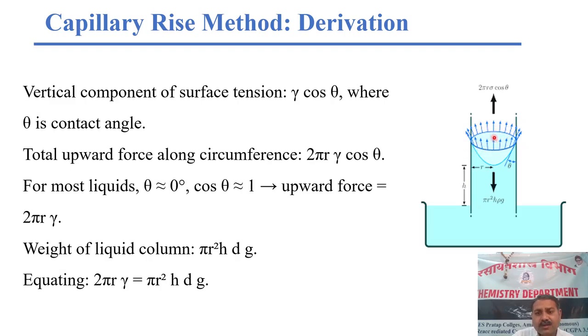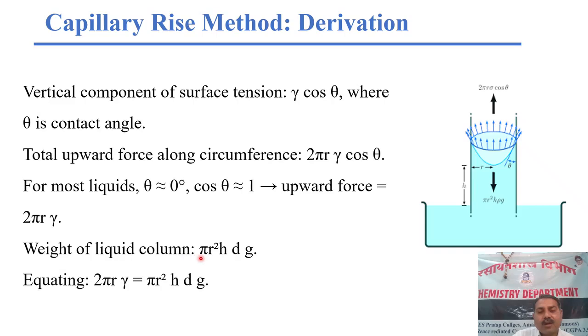But for most liquids, theta is nearly equal to 0, and therefore cos 0 is 1. So the upward force equals 2 pi r gamma, because cos 0 is 1. So the upward force acting on this liquid will be 2 pi r gamma.